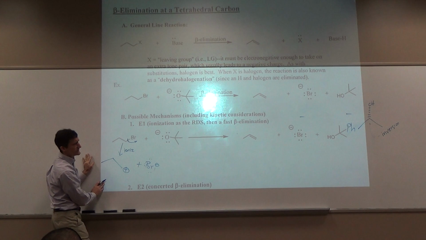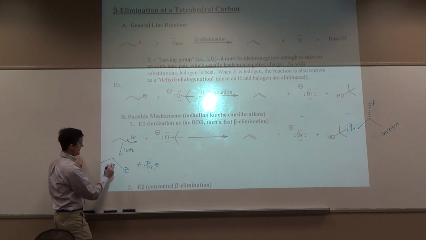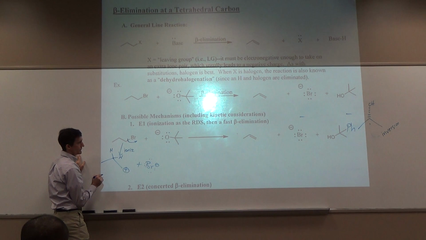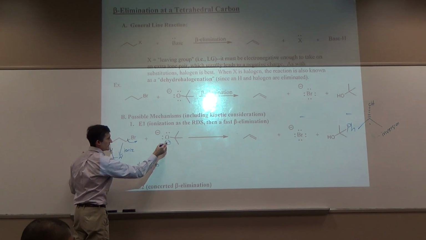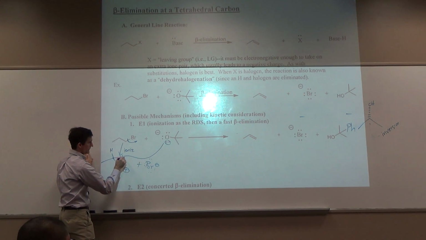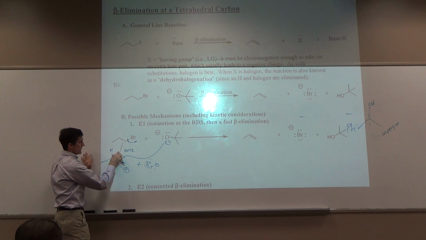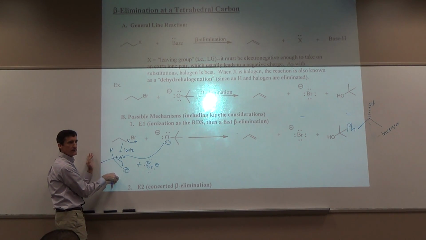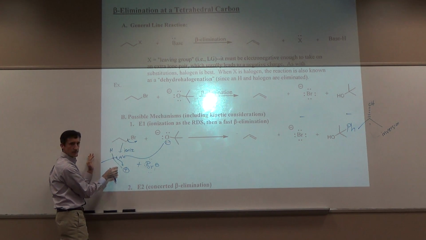Okay, what do we need to do next? You have two H's here. Now, if these electrons come take an H, and these electrons just fall in as another bond, and make a double bond here.